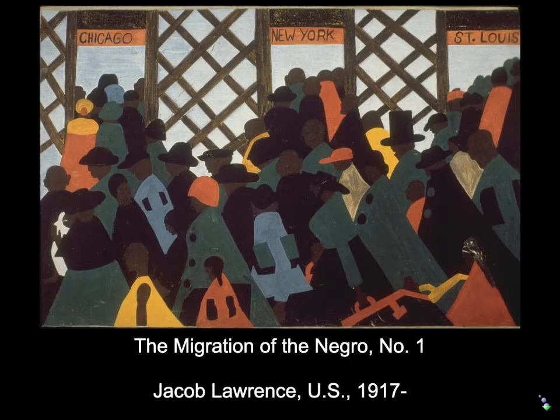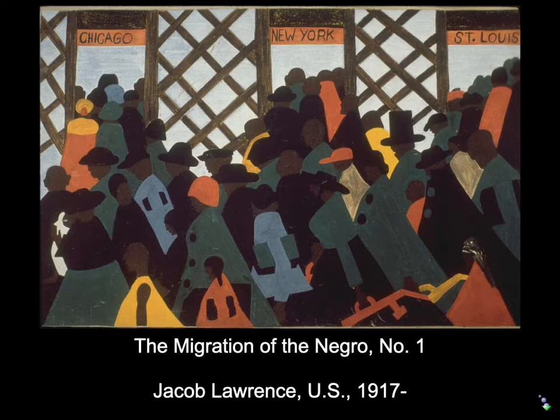So many people went up there. What they encountered there was certainly not heaven. There's a strong amount of racism in the North as well, although it tended to be expressed differently. This was a powerful event that happened in American culture, and Lawrence documents it.